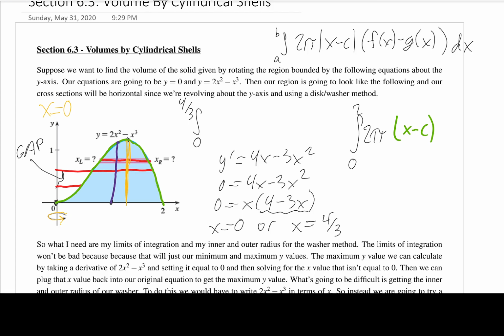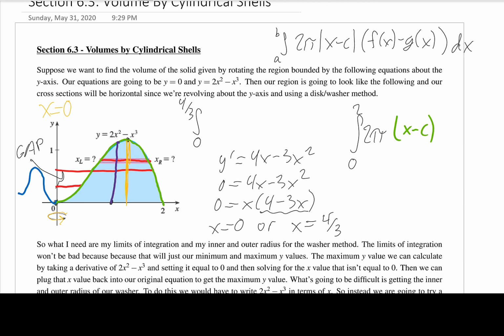Let me try explaining that again. Let's suppose we had, let's do this blue, let's say instead our curve looked something like this, right? And we were going to use the method of cylindrical shells. And we were trying to figure out how do we write our absolute value of x minus c part.